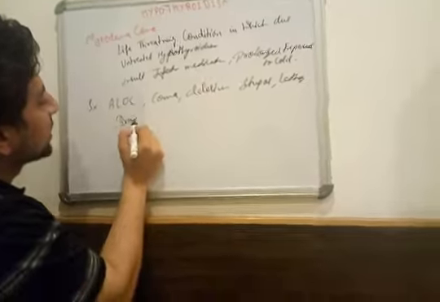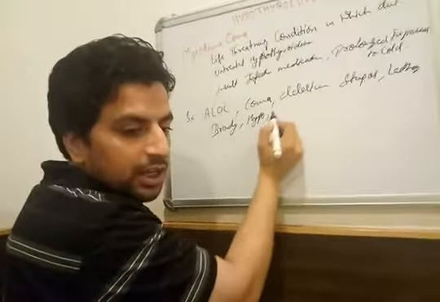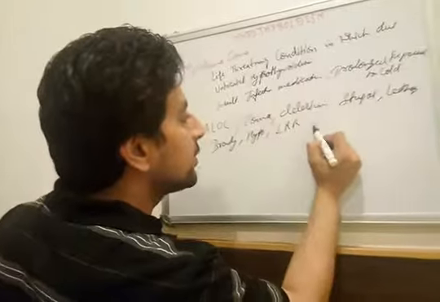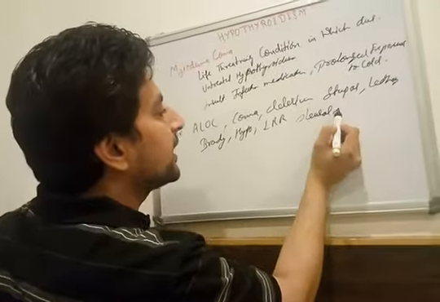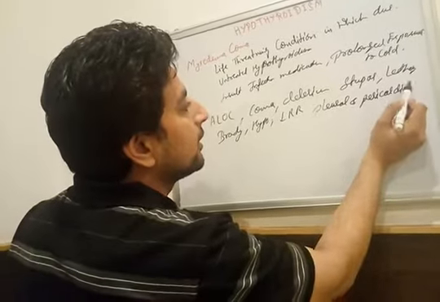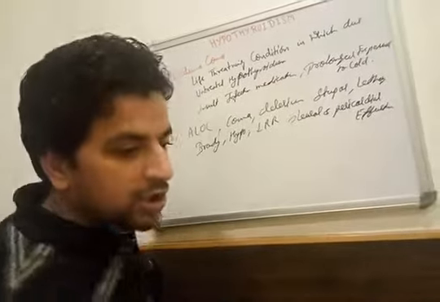Bradycardia, like a hypothyroidism symptom. Hypotension here. Decreased RR, respiratory rate slows down. Signs of pleural and pericardial effusion here, my dear friends.